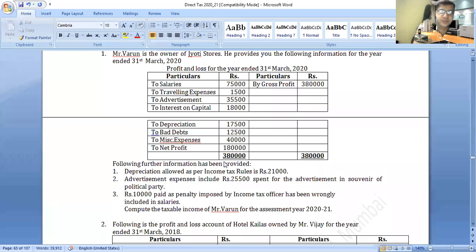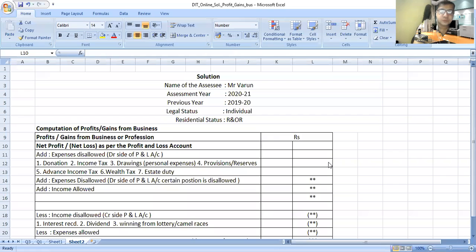The net profit they have provided is 1,80,000. So friends, we have to write this value, 1,80,000.